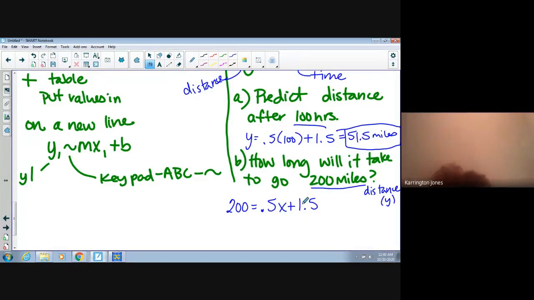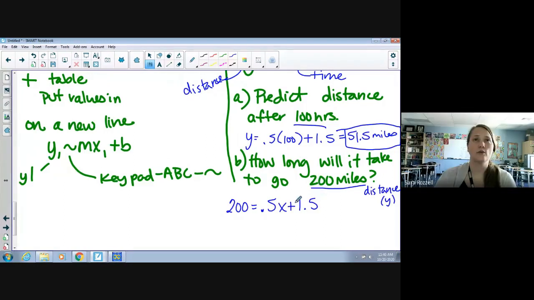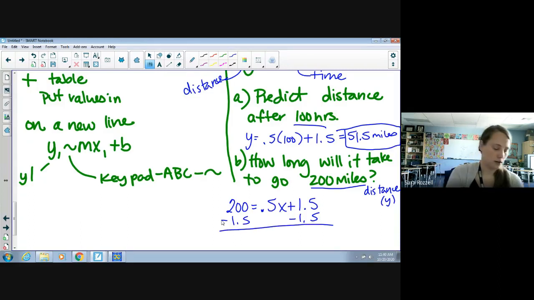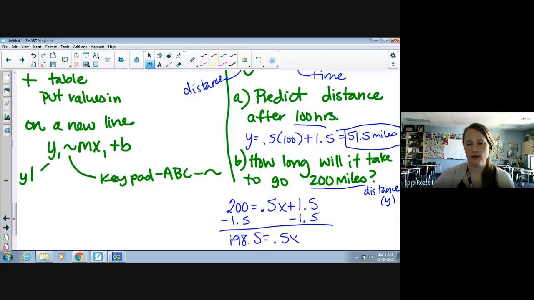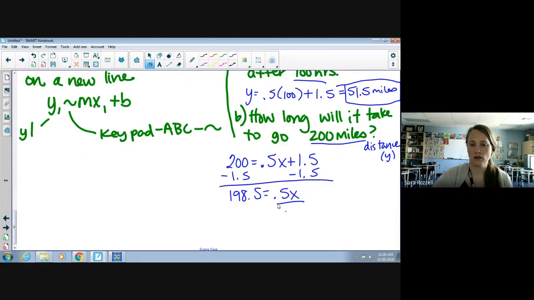Yeah, move the 1.5. So we'll subtract the 1.5 on both sides. So 200 minus 1.5, 198.5 equals 0.5x. Okay, and then we have one last step. Then we divide by 0.5. And the 0.5s go away, and x equals 397.